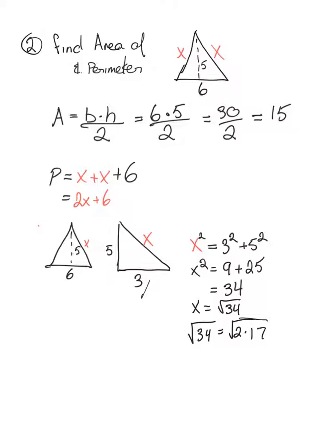And since 17 is a prime number, there are no other possible numbers that can be divided into it to make 17, except for itself and 1. So we can't reduce the square root of 34. Therefore, the perimeter equals 2 roots of 34 plus 6.